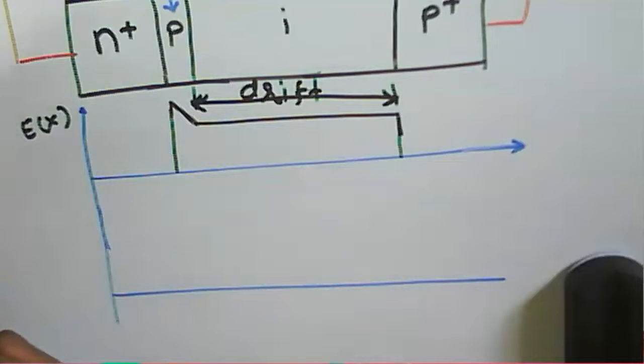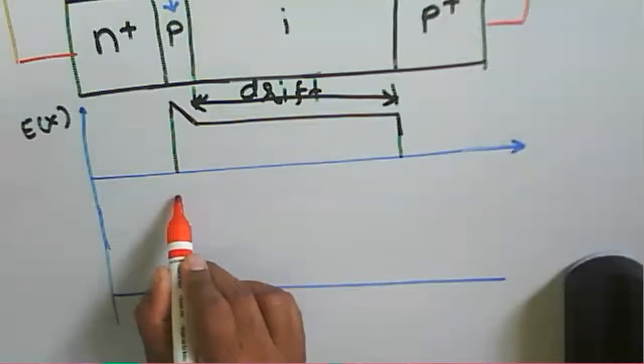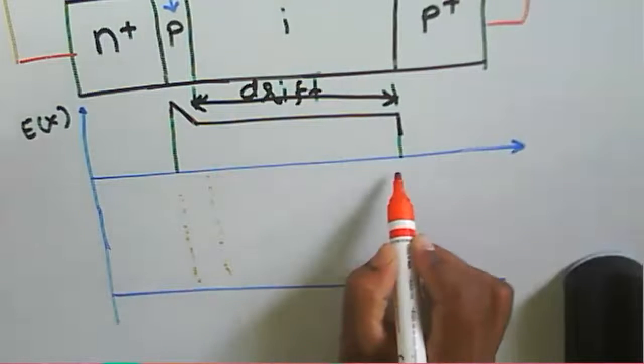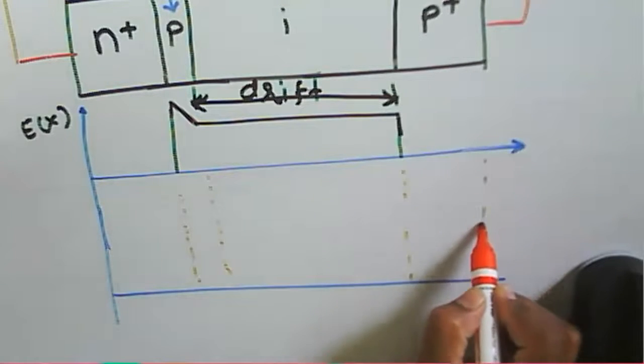Next is the dopant profile. We have the I, then we have the P here.